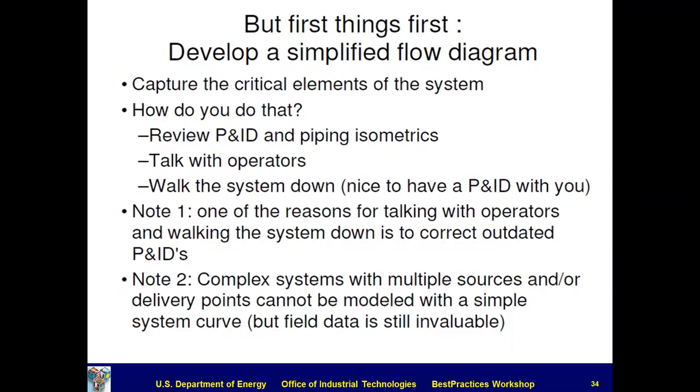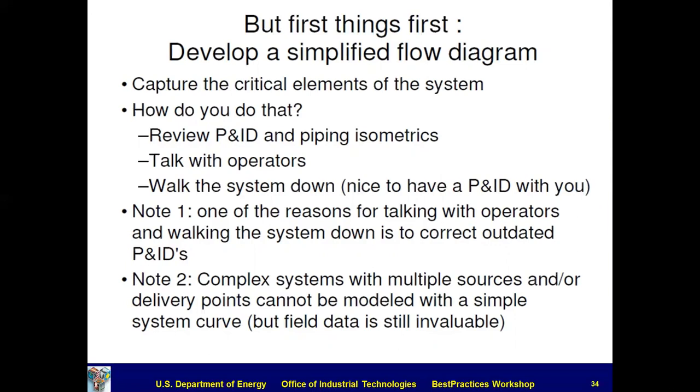But before we get started, a few things to consider. We want to understand the critical parts of the system. So how do you get that done? Well, the process and instrumentation drawings, the P&IDs, are a good place to start. You can talk to operators of the system, who control this sort of thing.